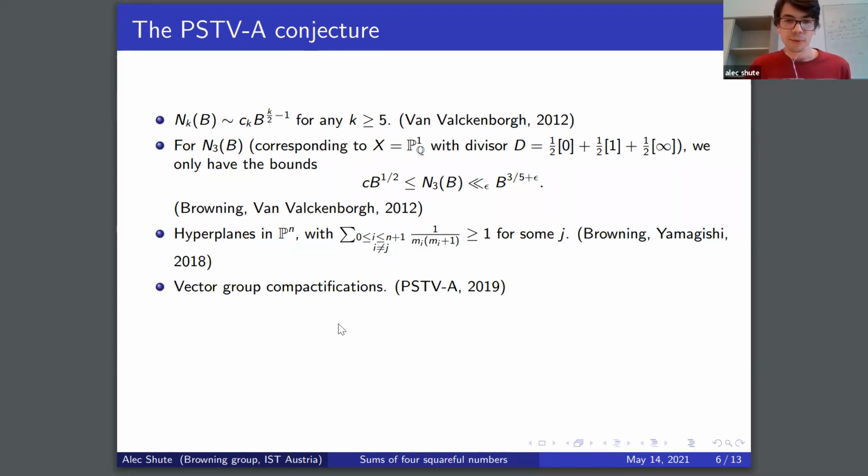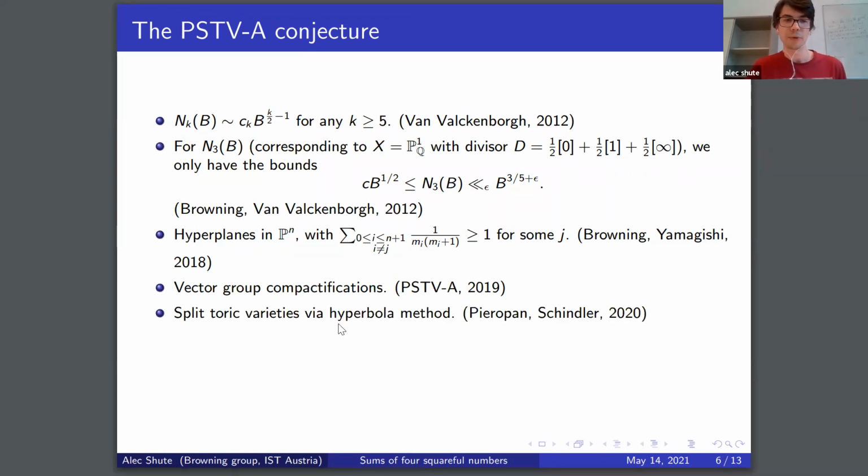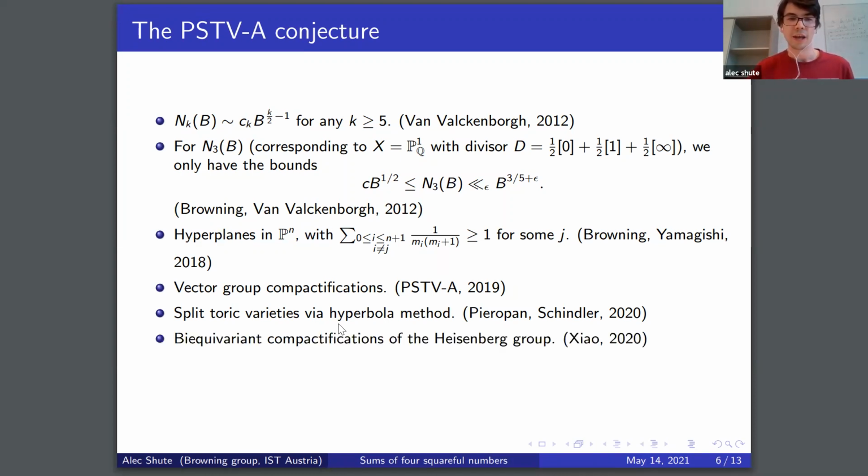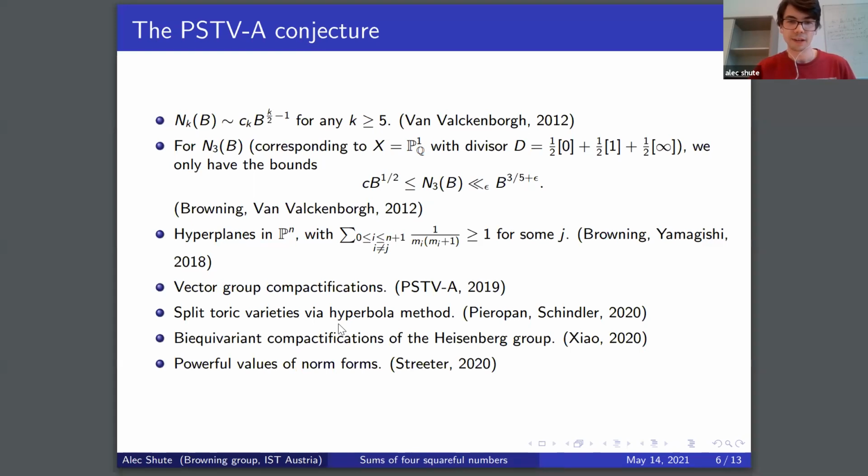Then in the paper where the PSTVA conjecture was introduced, they established it for vector group compactifications. We have split toric varieties using a very general version of the hyperbola method developed by Campana and Schindler. By equivariant compactifications of the Heisenberg group. And then finally, Sam Streeter studied powerful values of norm forms.